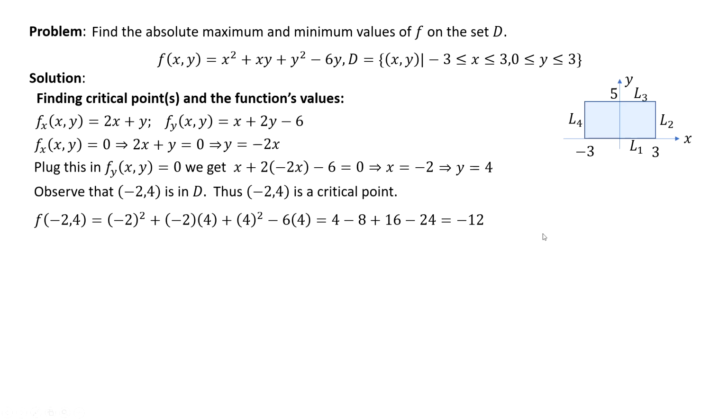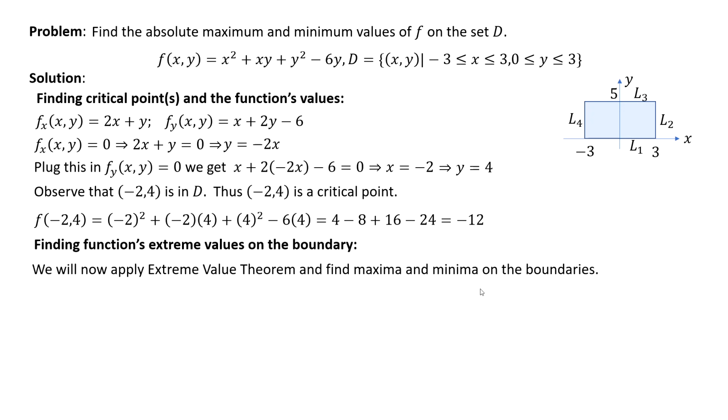Well, now we need to figure out what the maximum and the minimum values are on these boundaries. That is, along this line L1, along this line L2, L3, and L4. Okay, let's embark on that. Find the function's extreme values on the boundary.